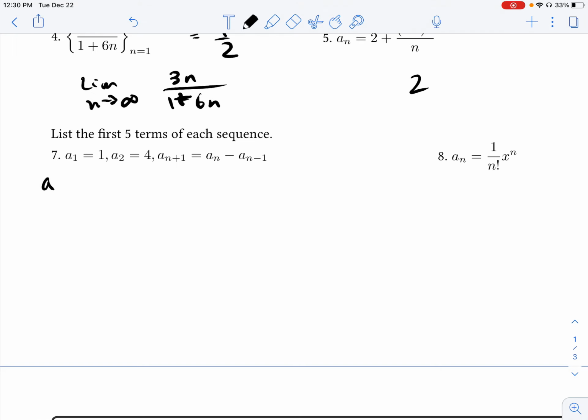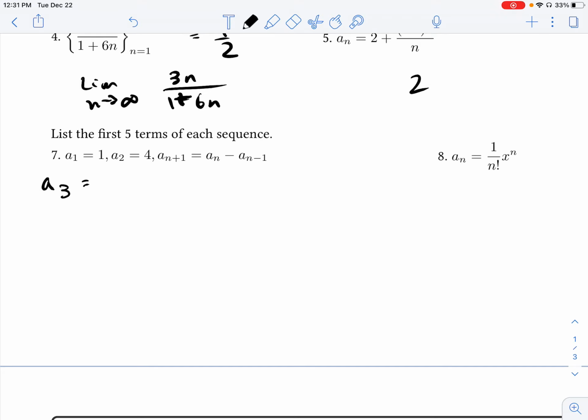So you should get a sub 3, since we already know the first two terms are 1 and 4. A sub 3 is going to be that term, a sub 3, minus its previous term. So in other words, oh, excuse me, no, it's a sub n plus 1 is the previous term minus that previous term.